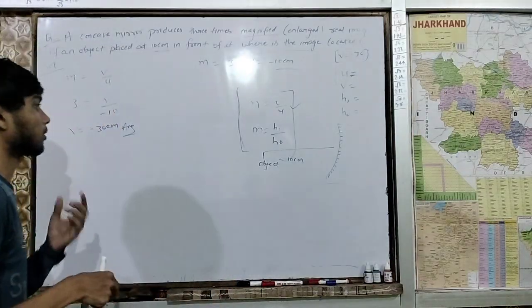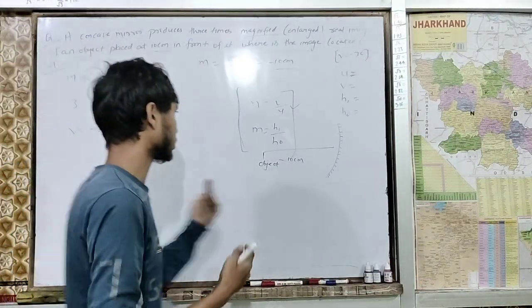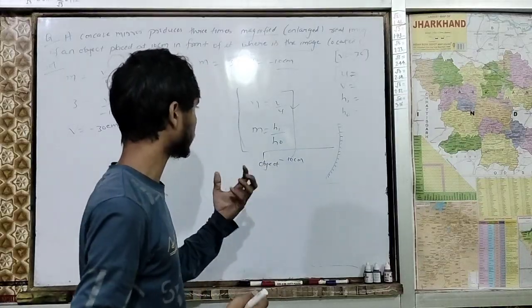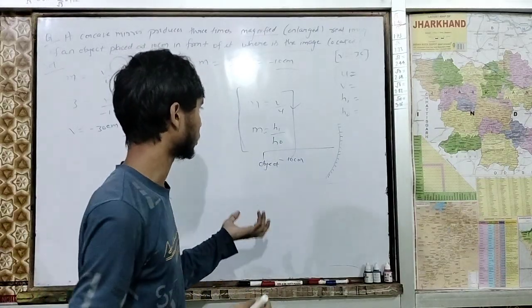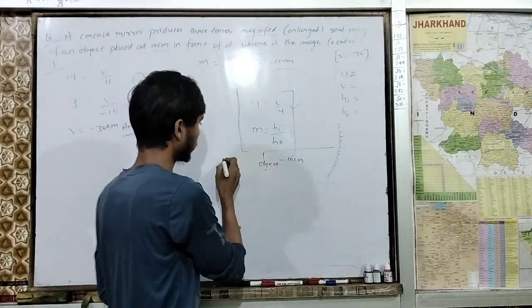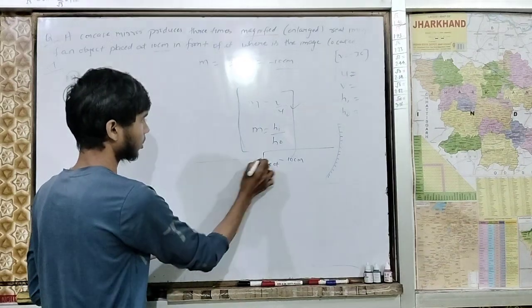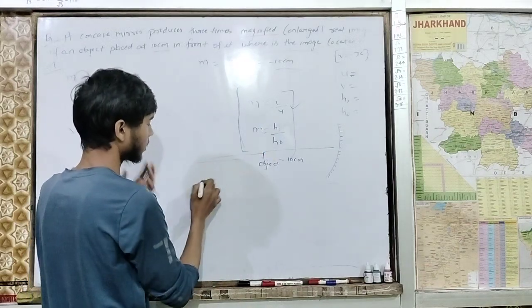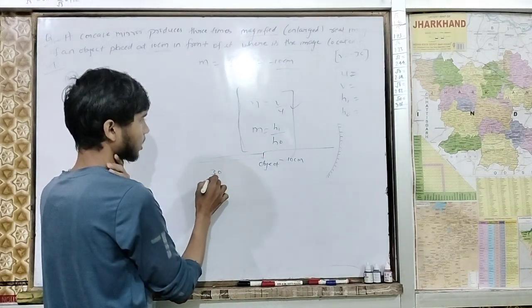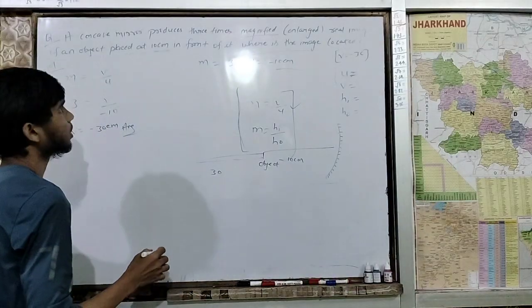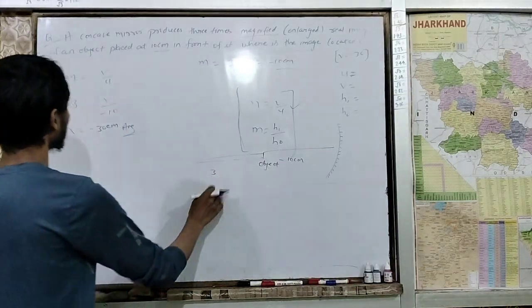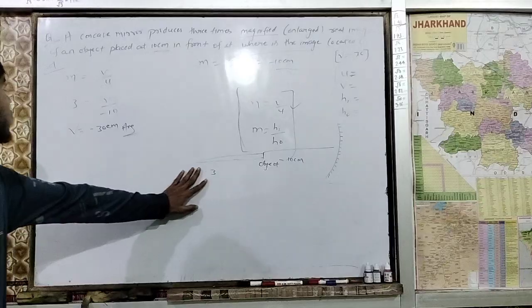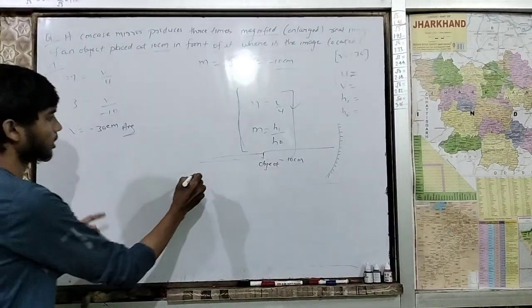It is in front of the concave mirror. So it will go here, I think. So this is 30 centimeter. Yes, minus 30.